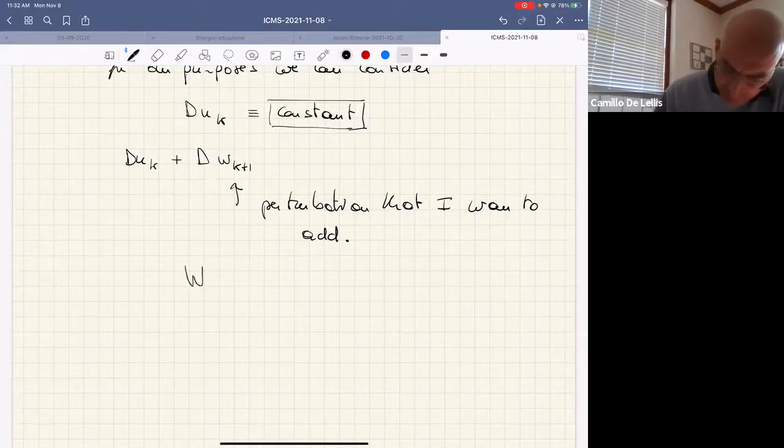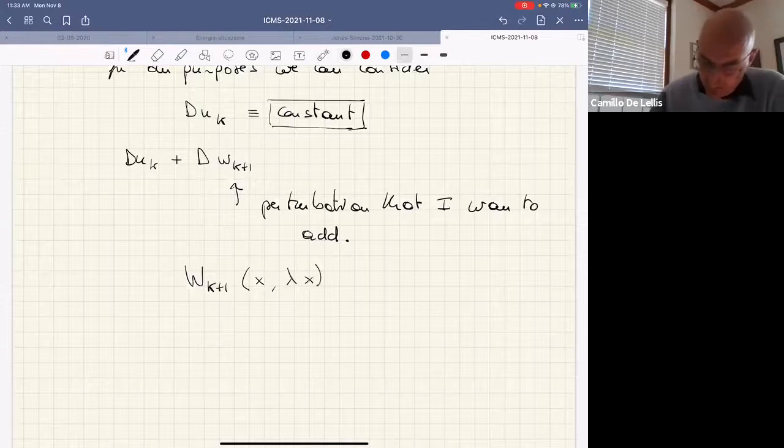So I want to add a big function WK plus 1, which is depending on slow variables and fast variables. So it's going to have a shape of the following type. Okay. So this is WK plus 1 that I want to add.